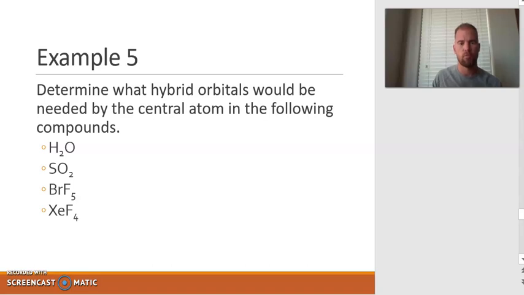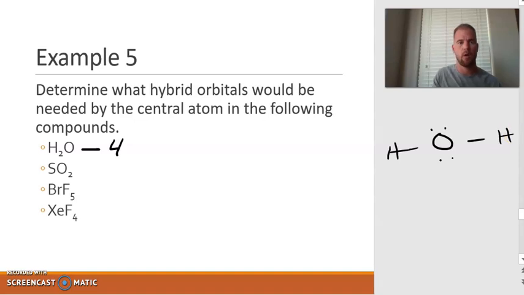So if you recall from water, how many electron domains did water have? There were 4. And I'm not going to draw this out for every single one, but just as a quick reminder, this is the Lewis dot of water. There's 1, 2, 3, 4 electron domains. So what hybrid orbital is needed for 4? sp3. That would be the hybrid orbital that's needed.